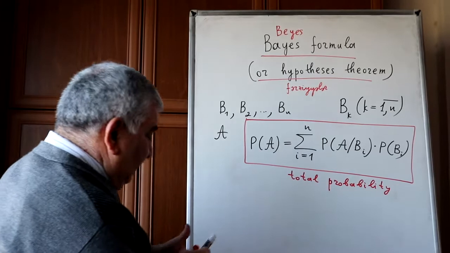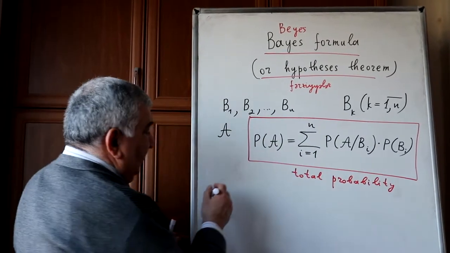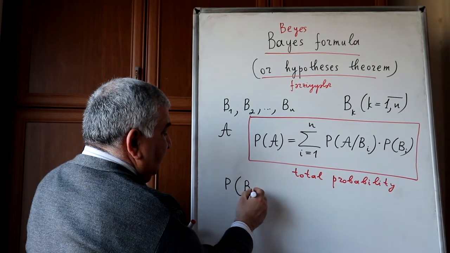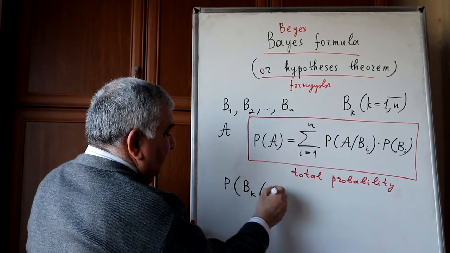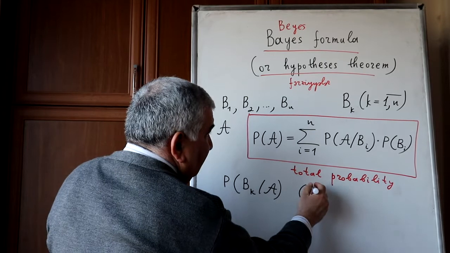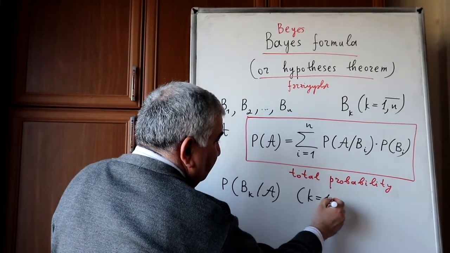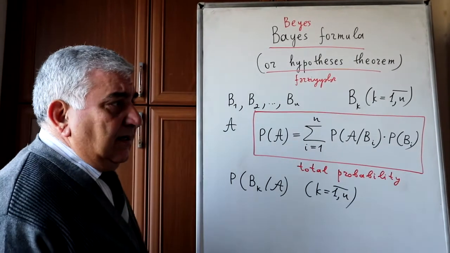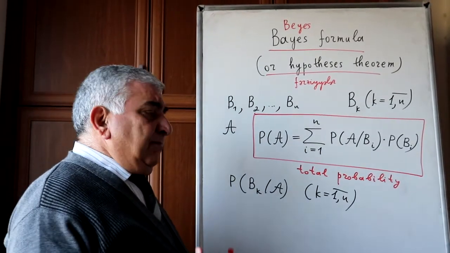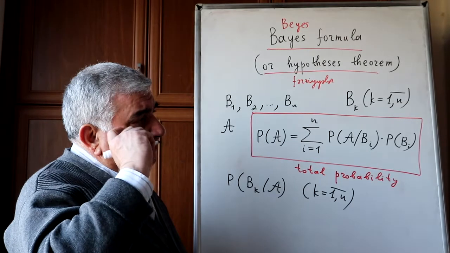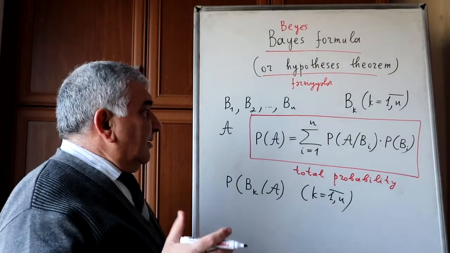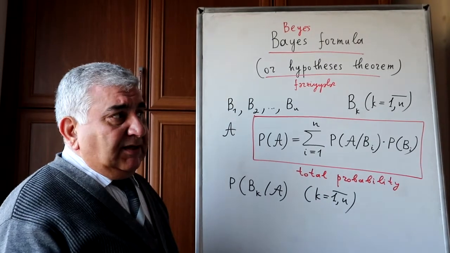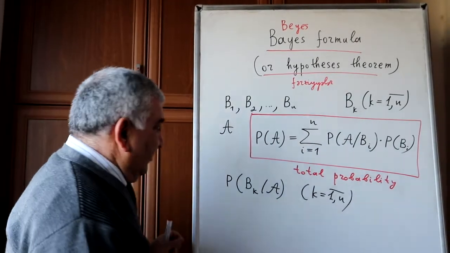In this topic, we must find the probability of Bk on the condition of A, where k changes from 1 to n. Remember the formula of conditional probability.